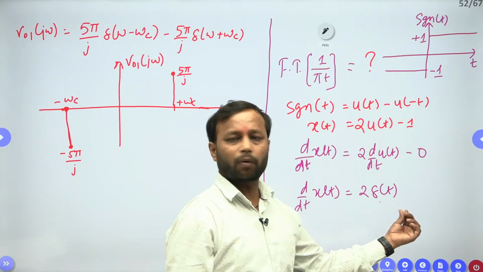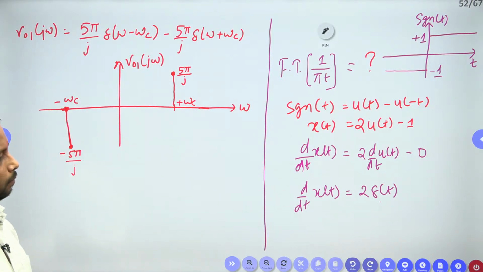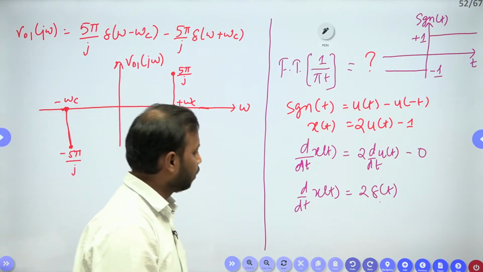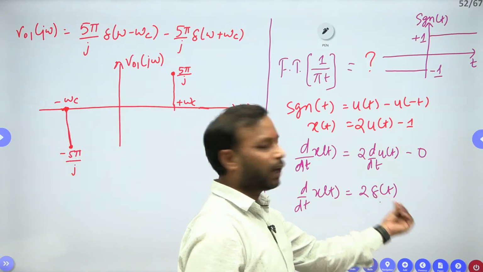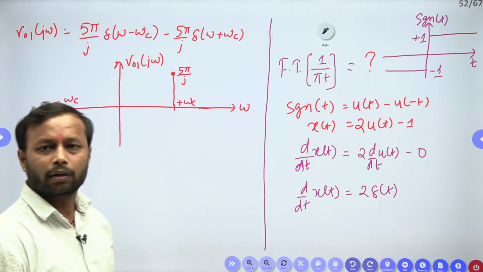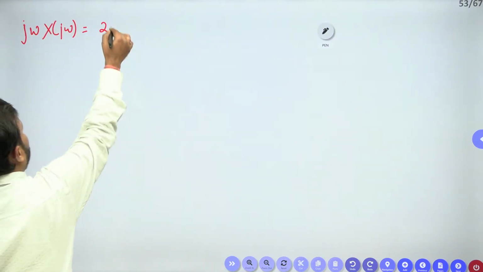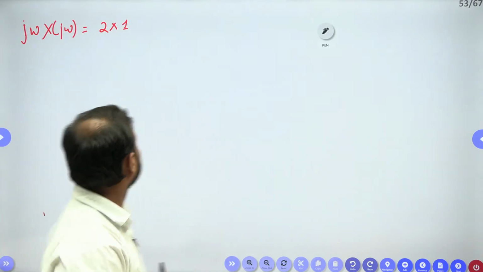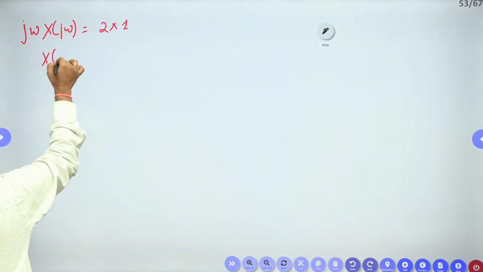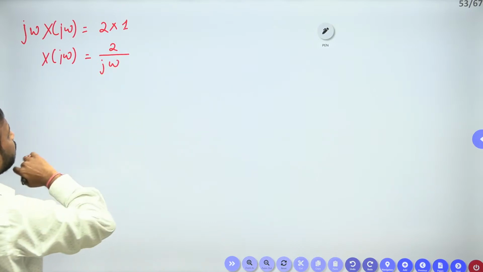What is the Fourier transform of del of t? I am talking about the Fourier transform of del of t. That is 1. Am I correct, Vipin? So your x of j omega will be what? 2 by j omega.